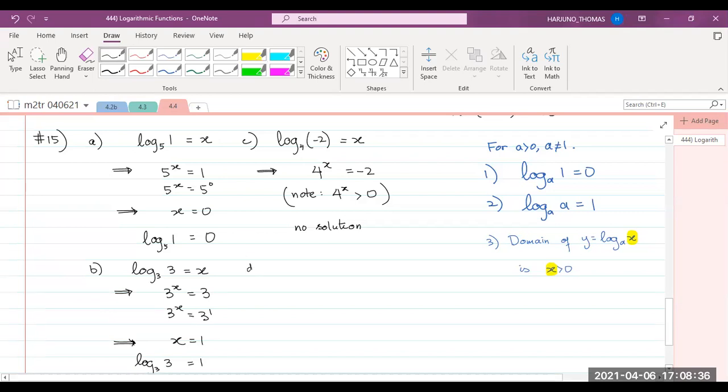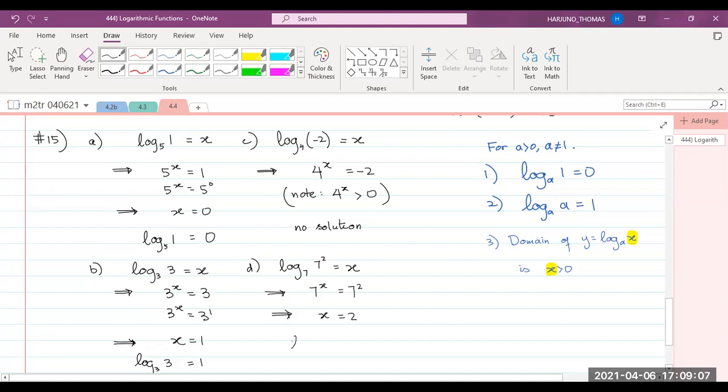Part D. Log base 7 of 7 squared equals what? Again, if you don't know, call that x. Then convert that to exponential form. Oh, they have the same base, right? Base 7. Then by 1-to-1ness, x equals 2.